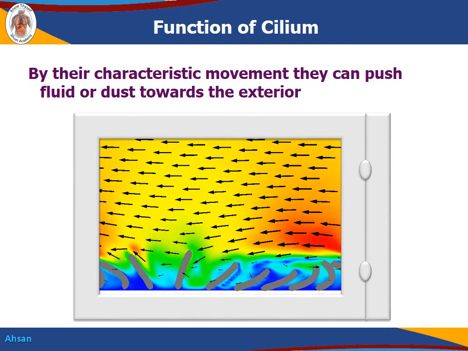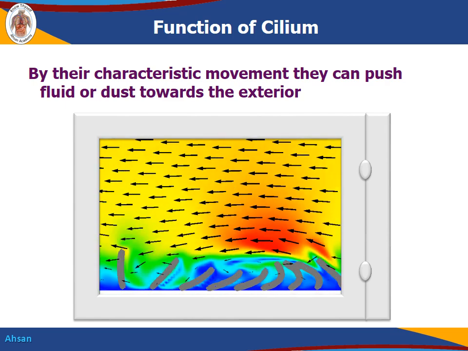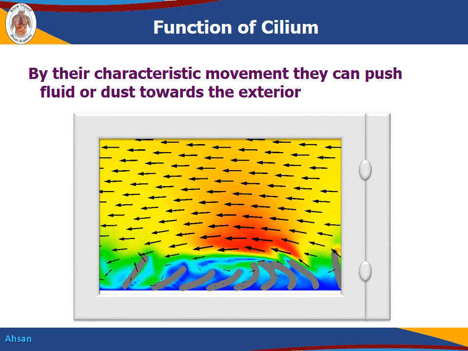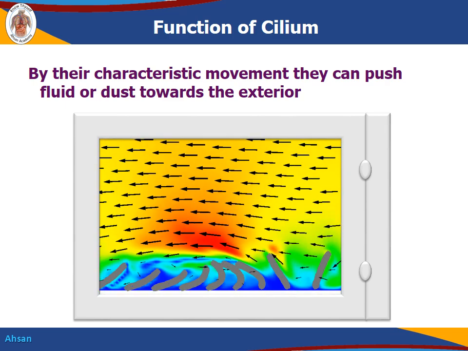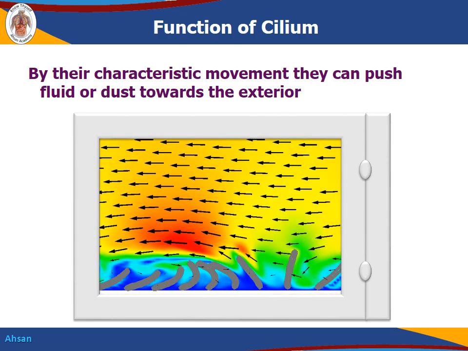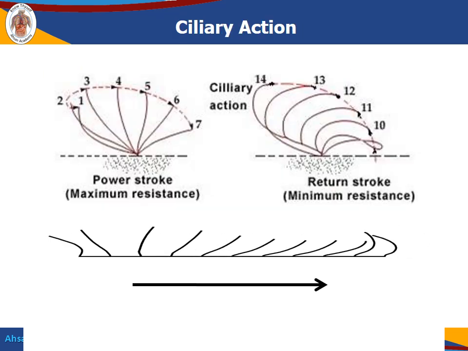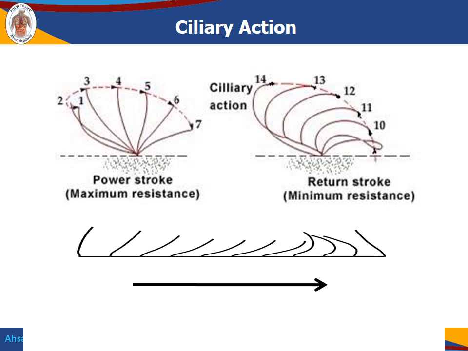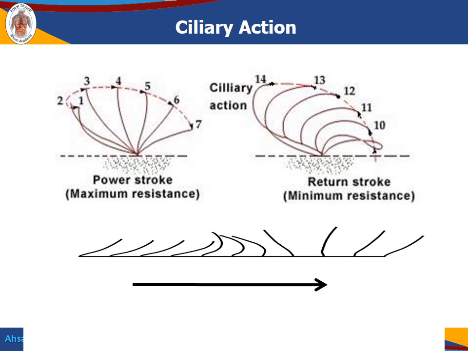By their characteristic movement, the cilia can push the fluid or dust contained in the fluid on its exterior surface. You can see in one phase they are withdrawing the cilium and making a thrust over the fluid. Here you can see the cilia are withdrawn. This is the return stroke.